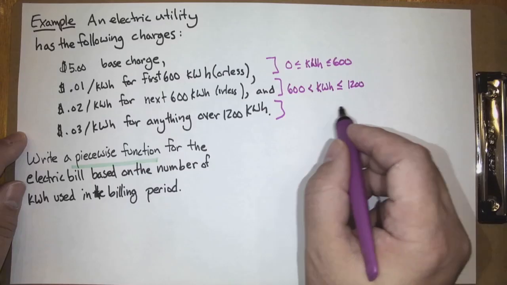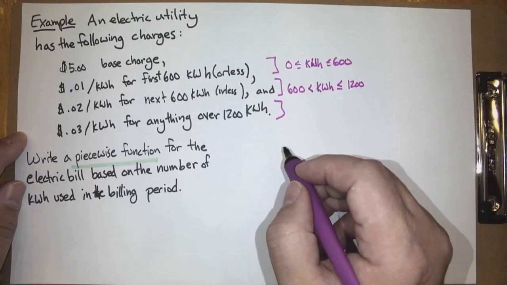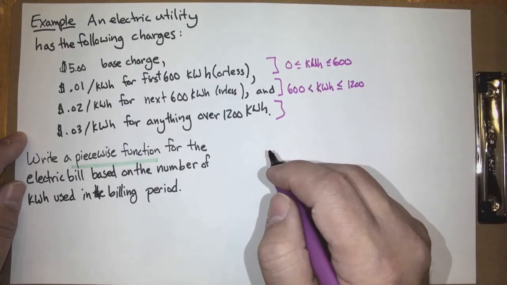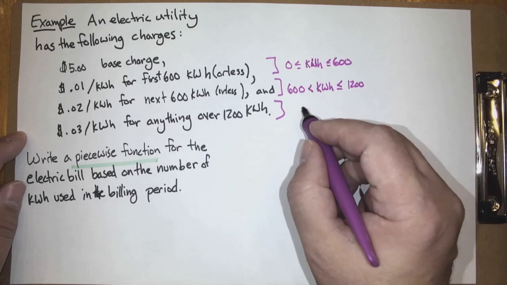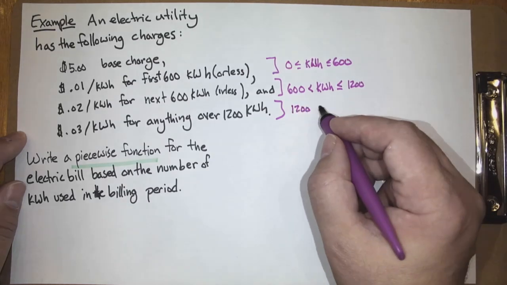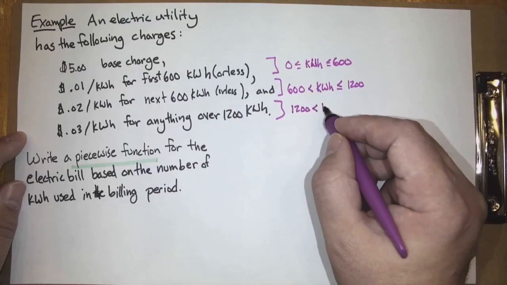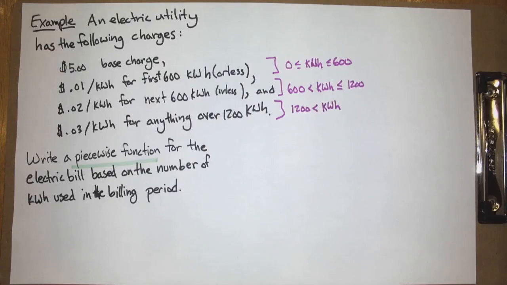And this last part? What does that correspond with? Yeah, we'd often say at 1200, the number of kilowatt hours is greater than 1200, but we could also say that 1200 is less than the number of kilowatt hours. And this can go all the way up. You could be having some large parties or something. Okay.